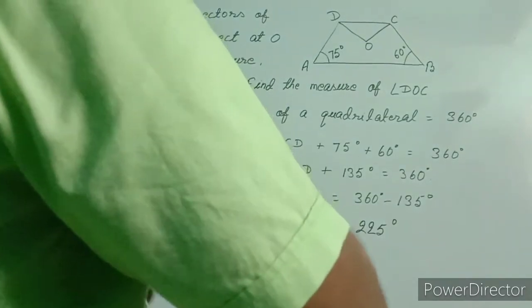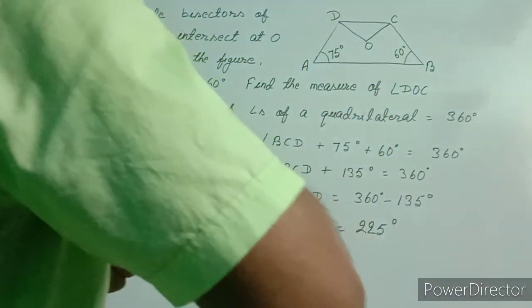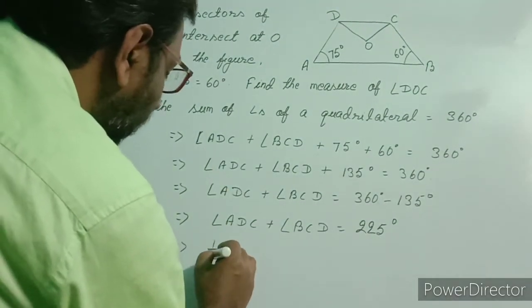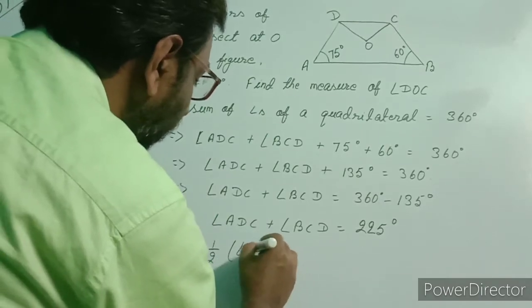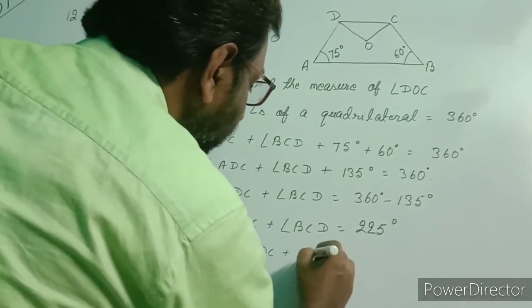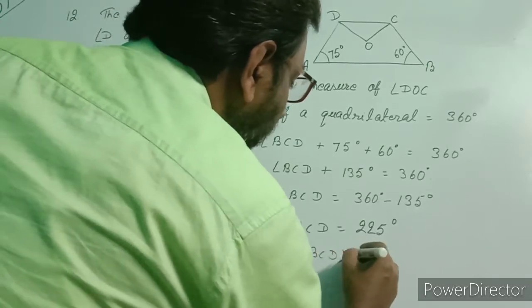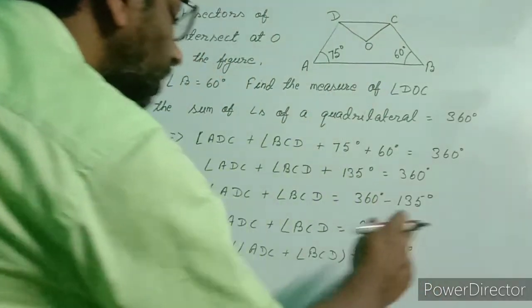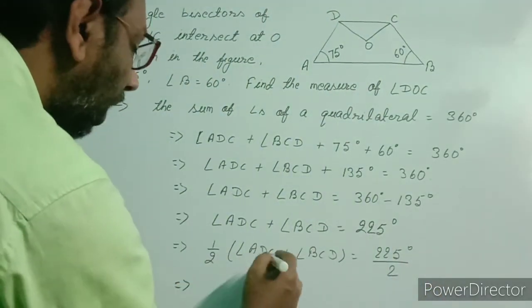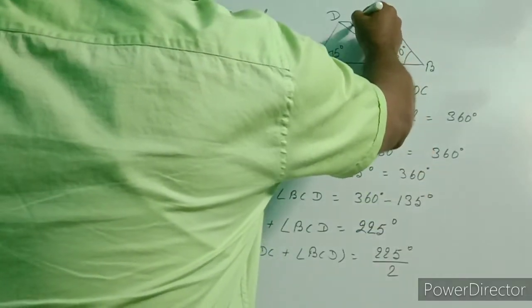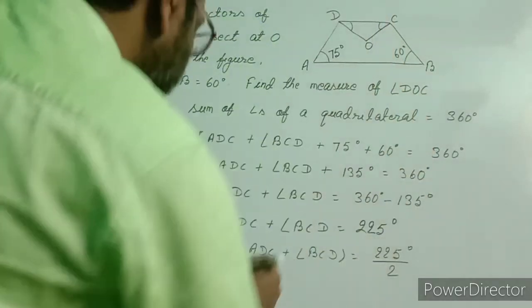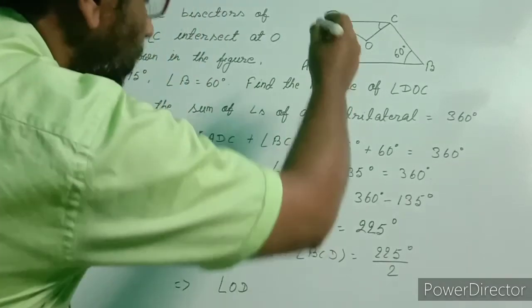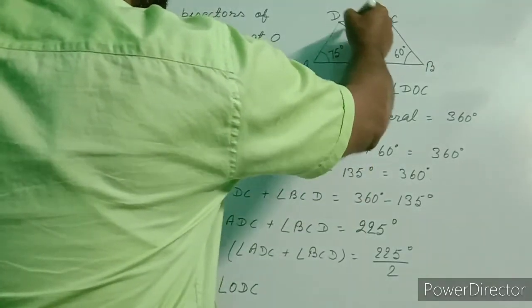And we are asked to find out this angle DOC. Now we can say, if we divide both sides by 2, half of angle ADC plus angle BCD is equal to 225 degree by 2. We divided both sides by 2. So half of ADC and half of BCD, this is the sum. We can write angle ODC, half of ADC is ODC, because OD is the bisector.